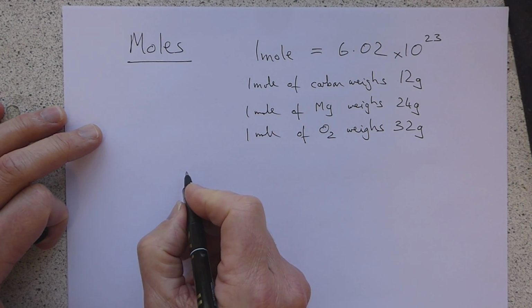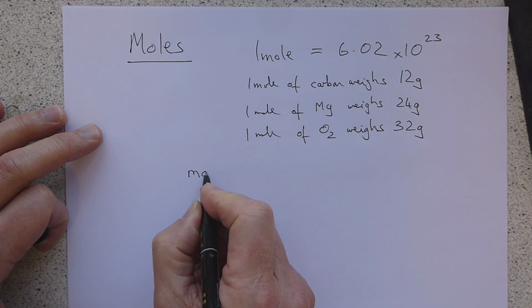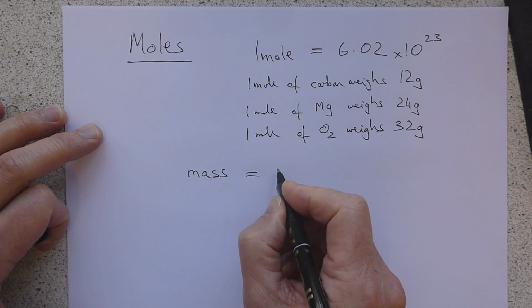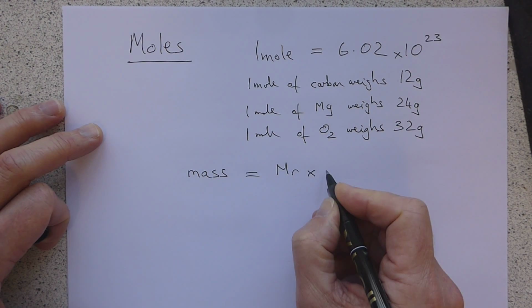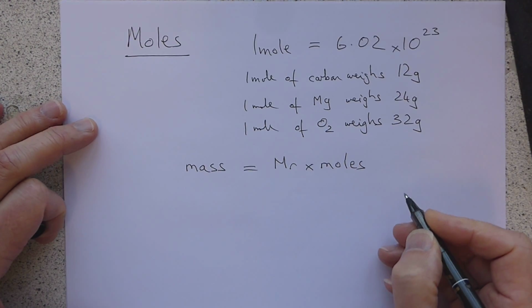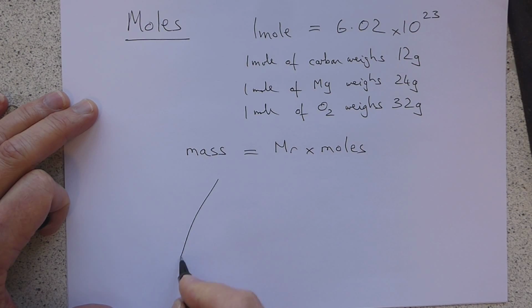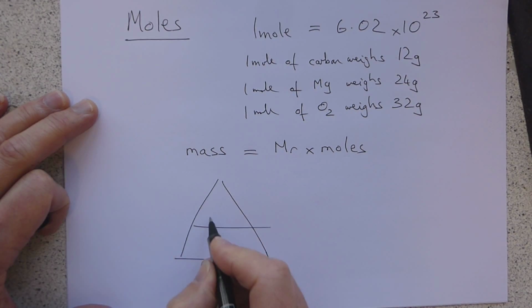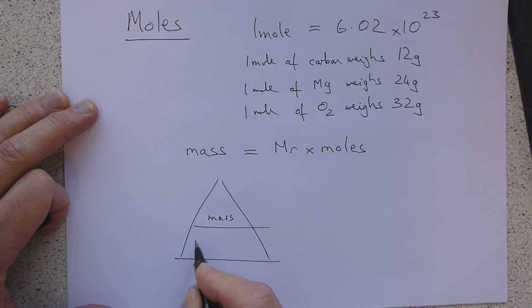Well, there's a simple equation which says the mass of something is the relative formula mass times the number of moles you've got. Some people like to remember this as a triangle: mass, Mr, and moles.